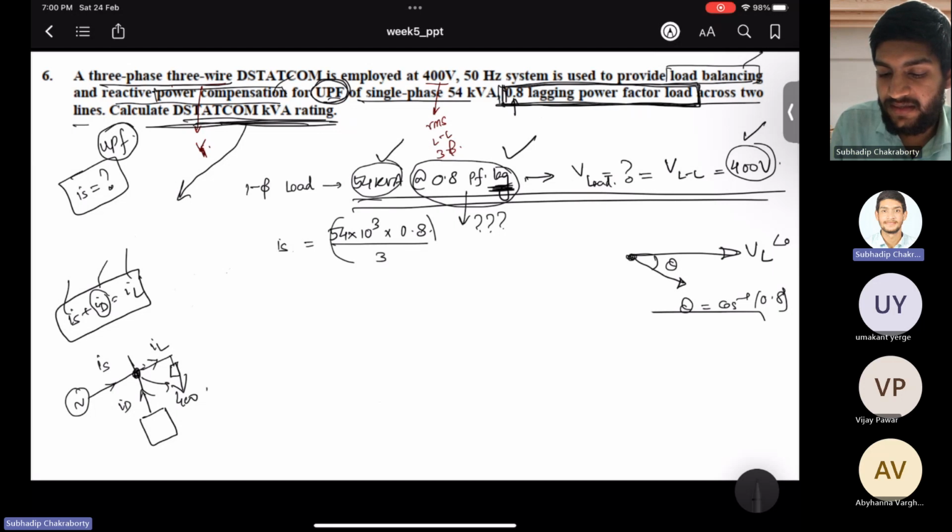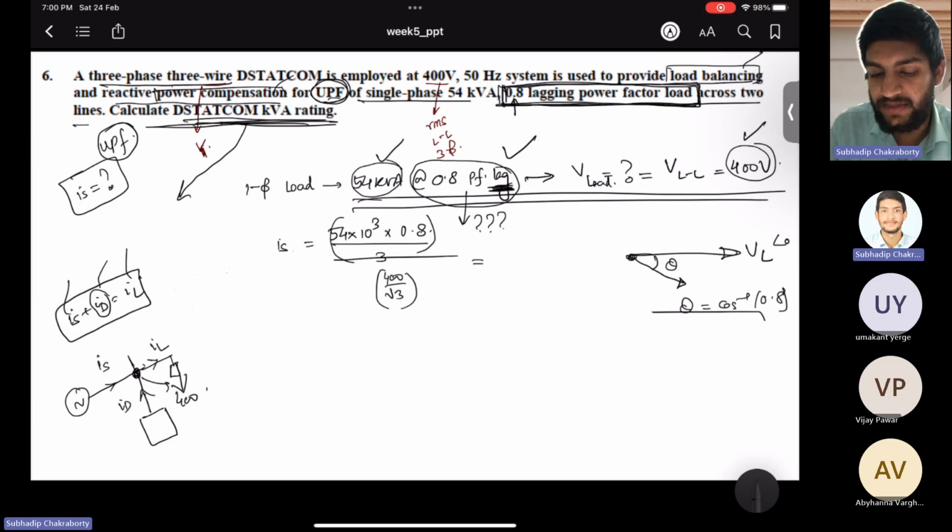This is the per phase power divided by 400 by root 3, like we did in previous week also, right? Just calculate what it is coming. 62.3 amps.